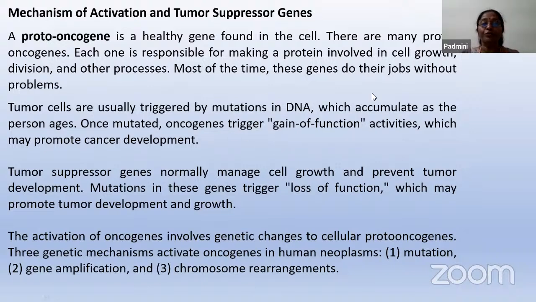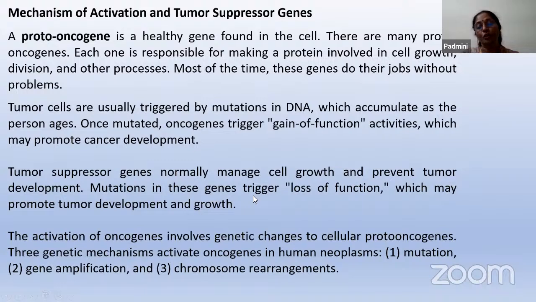Each one is responsible for making a protein involved in cell growth, division, and other processes, and they work without any problem. But tumor cells are usually triggered by mutations in DNA, which accumulate, and this accumulation leads to oncogene triggering, which gains a function of proliferating excessively, leading to cancer development.